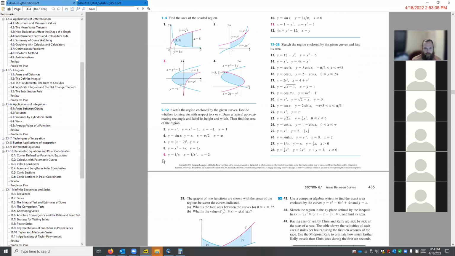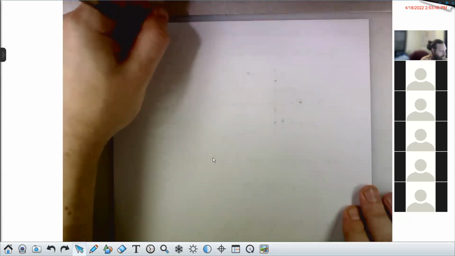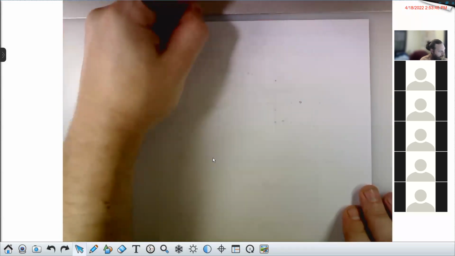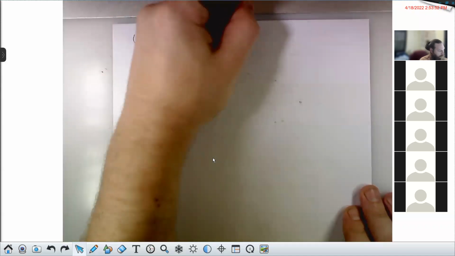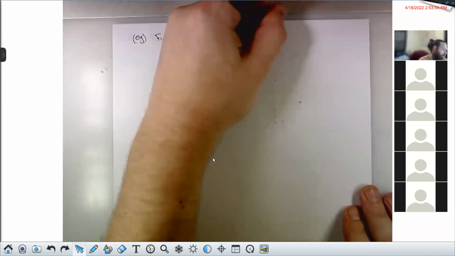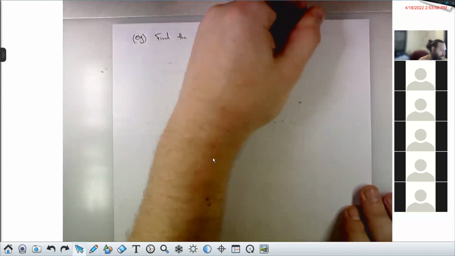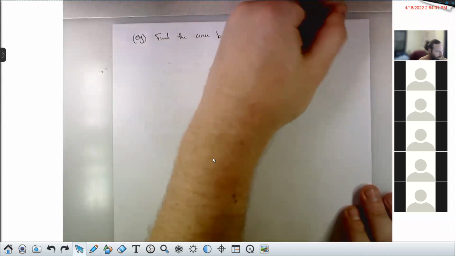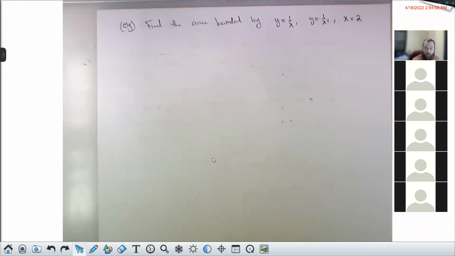What looks good here? I like number 9, 1 over x, 1 over x squared, and x equals 2. Those are some pretty wonky looking things. And these are curves we should know how to sketch, right?